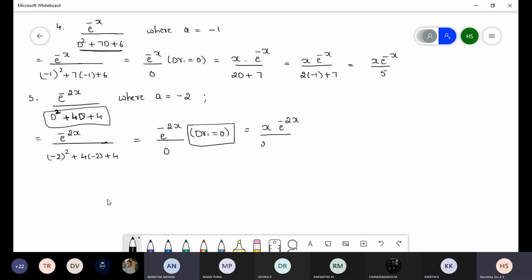Yes, 2d plus 4. Again, we have to give d is equal to a. a is minus 2. So x into e power minus 2x, 2 into minus 2 plus 4. So again it will become 0 here. Minus 2 means minus 4 plus 4 is 0.